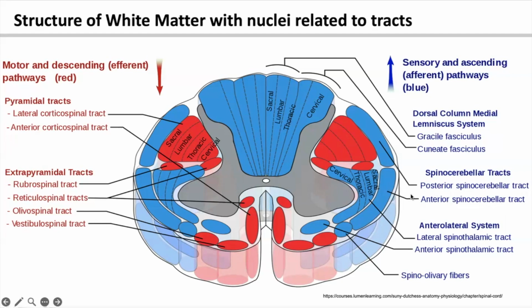So you can see it in here. Both the posterior and anterior spinocerebellar tracts are for unconscious proprioception.